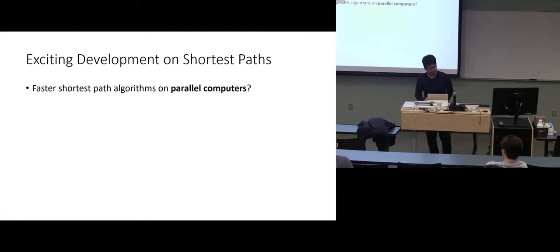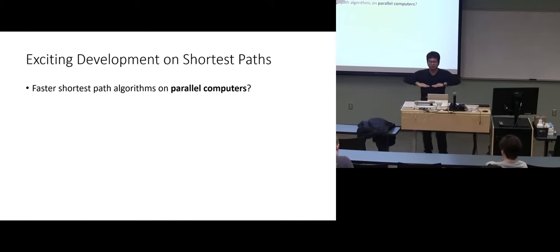So one question, for example, is you can ask, if you have a lot of computing power, let's say you don't have just one computer, but you have n of them, right? Then maybe you want to speed up your whole computation by a factor of n.